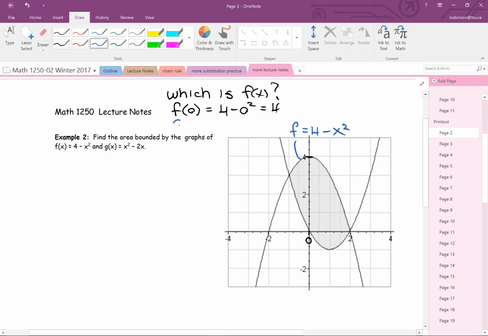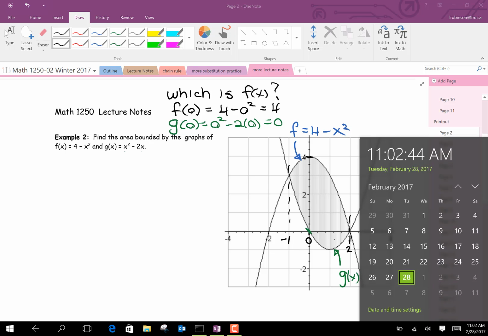And g of 0 is 0 squared minus 2 times 0, which equals 0. So this one goes right through 0, 0. That one must be g. Now we can see on the graph that they seem to intersect at minus 1 and at 2.